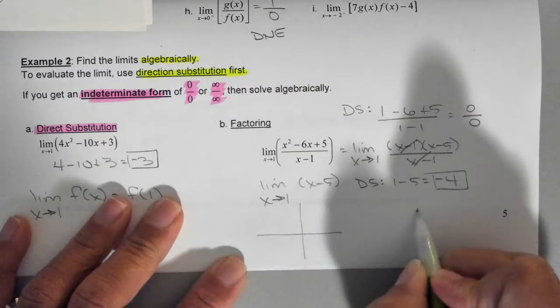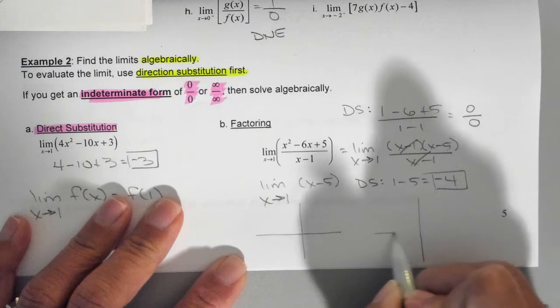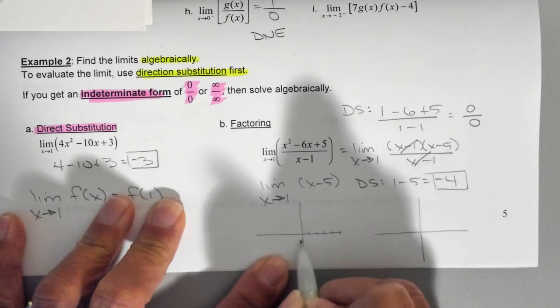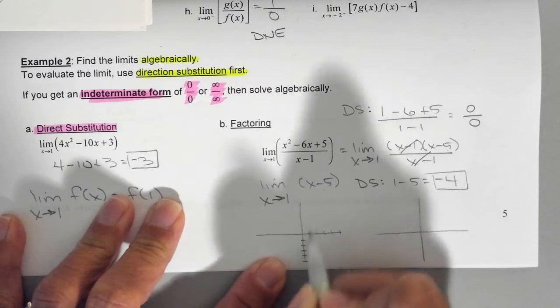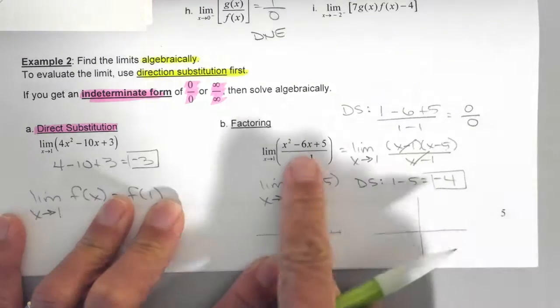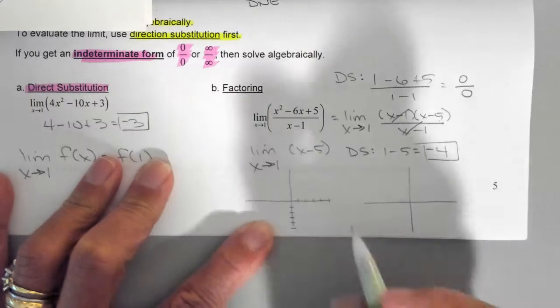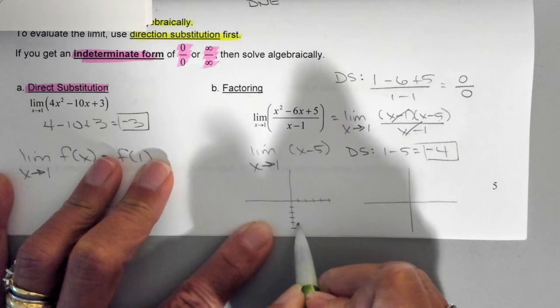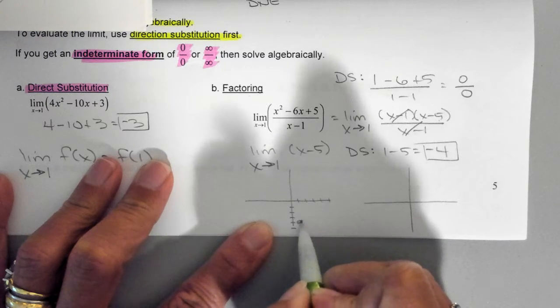And I know some of you probably don't even care, but pretend like you do. 1, 2, 3, 4, 5. 1, 2. Okay, so in the case of my original function, this is going to be the graph right here. I have a hole at the point x equals 1 and y is negative 4. So it's like right here.